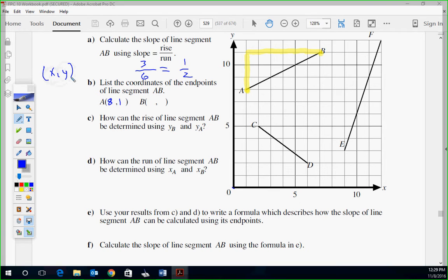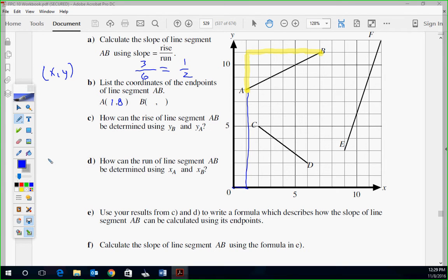Oh, I put Y first? Yeah, that's correct. Thanks, Aiden. So it is 1, 8. X first, Y second.